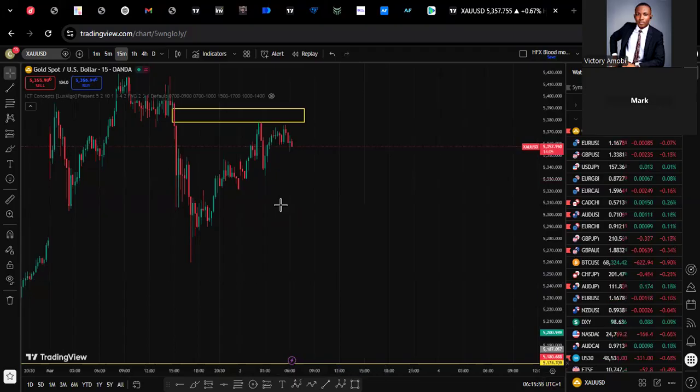Okay. All right. So first things first, when it comes to trend lines, all you need is to observe your chart, whatever time frame you're looking at.